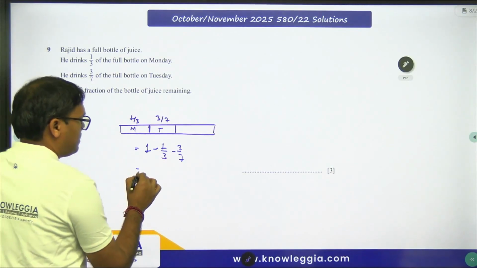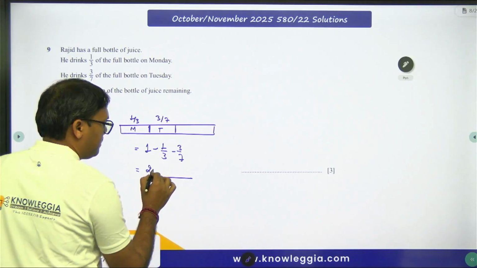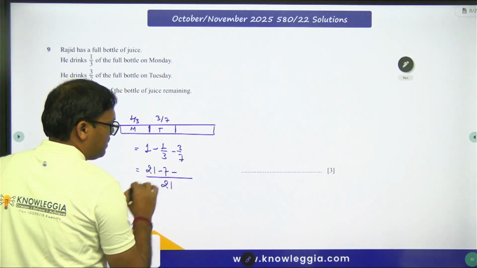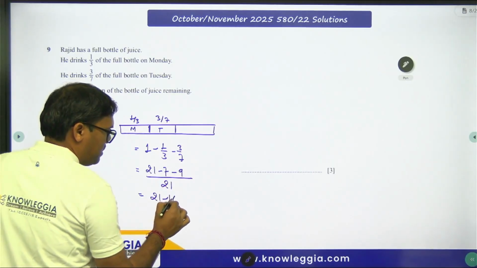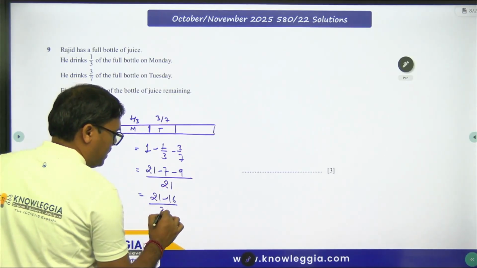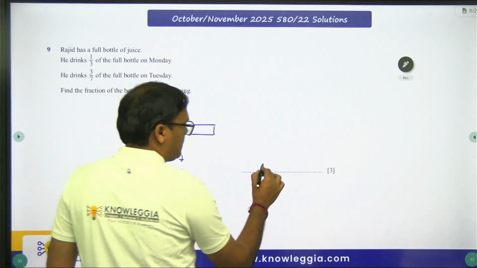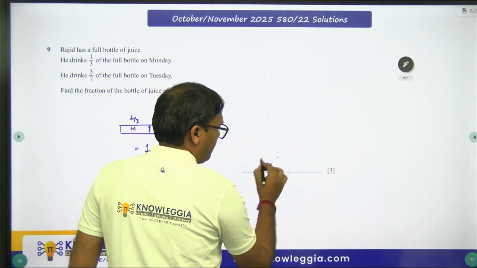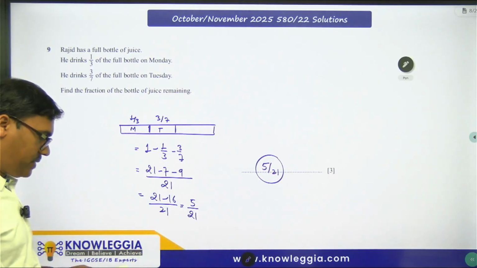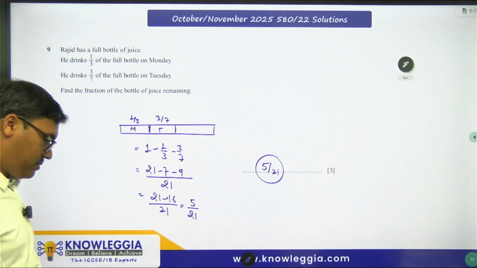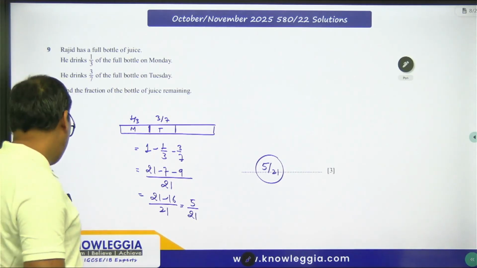So simplifying this, 21 minus, this is 7 and this is 9, so this is 21 minus 16 upon 21, which is equal to 5 by 21. So what is the fraction remaining? 5 by 21 is the answer. So let's check the answer. Yes, 5 by 21 is the correct answer for this question.